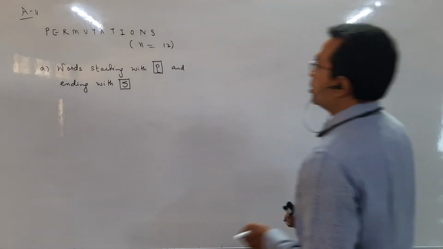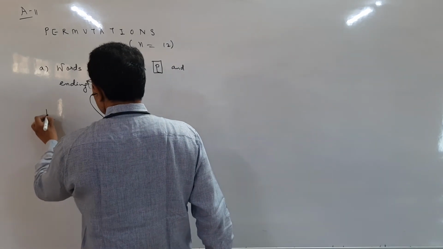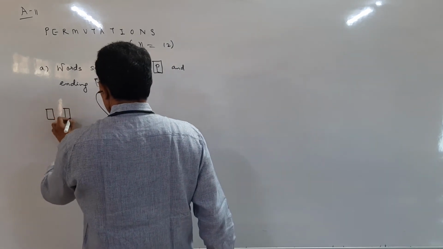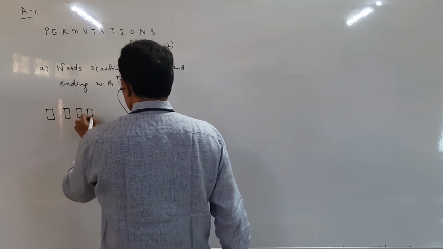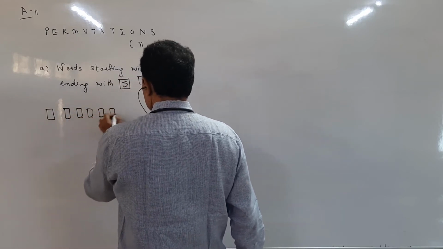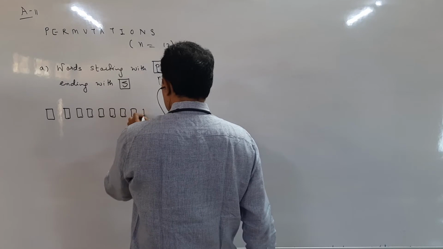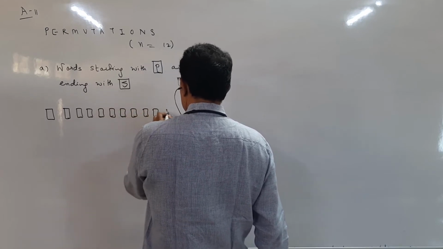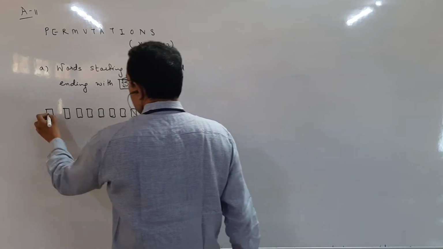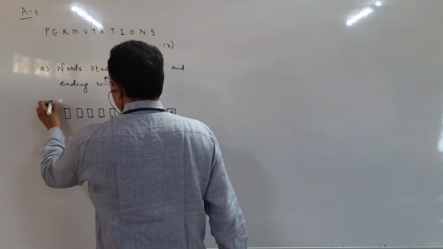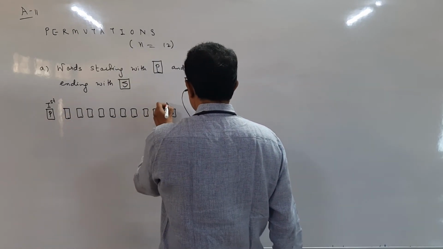So if I draw 12 boxes, say this is 1, 2, 3, 4, 5, 6, 7, 8, 9, 10, and here S, and here P. This is first, and this is 12.